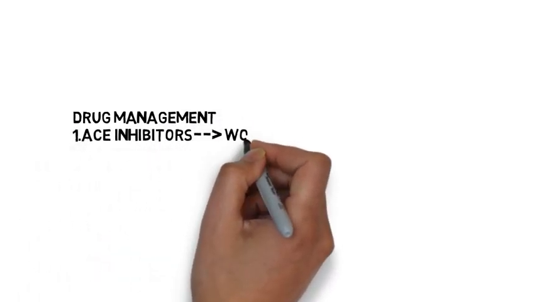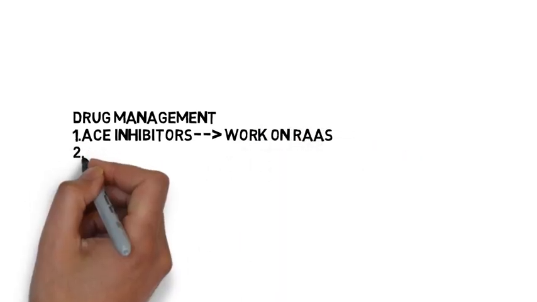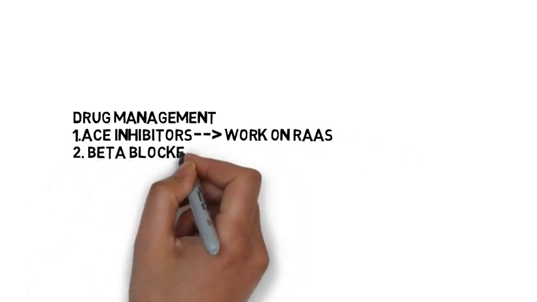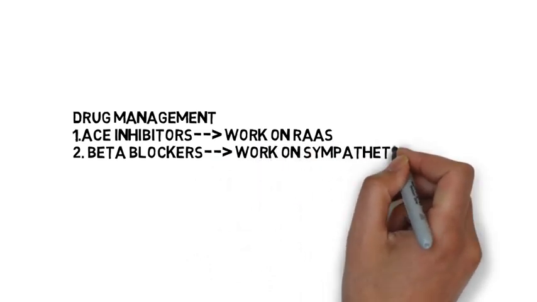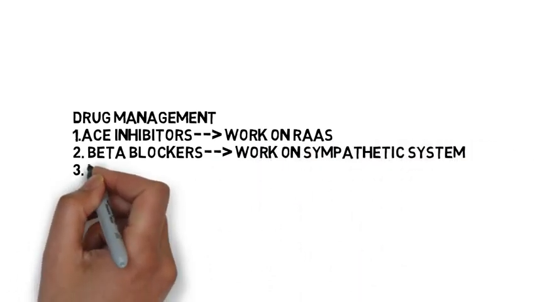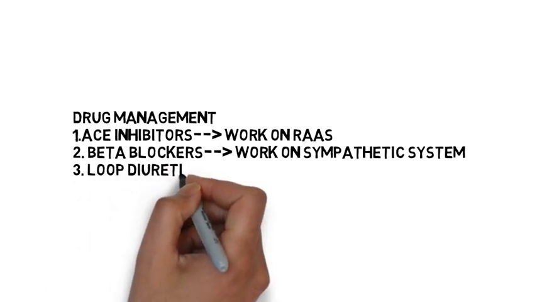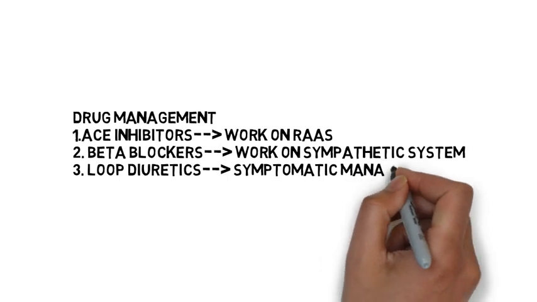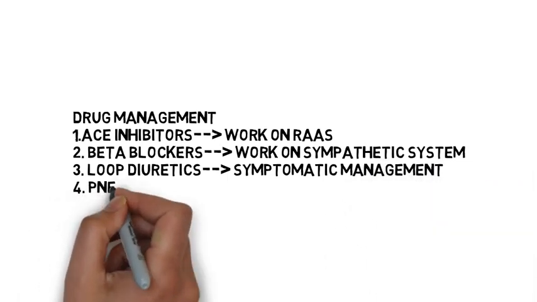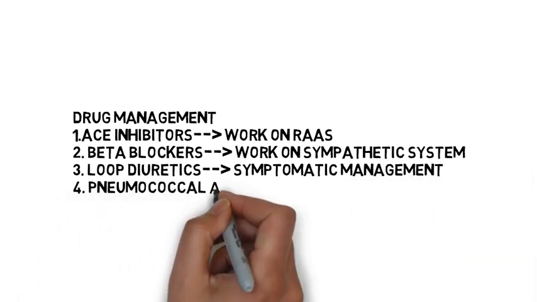In terms of pharmacological interventions, there are two key drugs: ACE inhibitors, which work on the RAS system that we discussed in detail earlier, and beta blockers, which work on the sympathetic or fight or flight system.